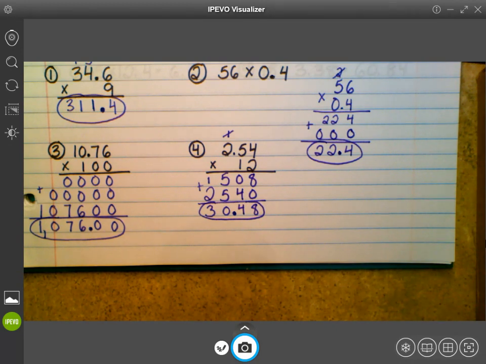I will repeat myself, we're on page 187, 188. You should have circled number 2, number 6, number 13, number 15, and number 19.